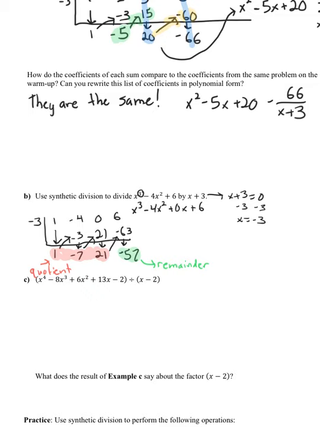So that went a lot faster than polynomial long division did. I really like that. So my quotient becomes x squared minus 7x plus 21, and then my remainder, minus 57, over my divisor, x plus 3, what I started with.